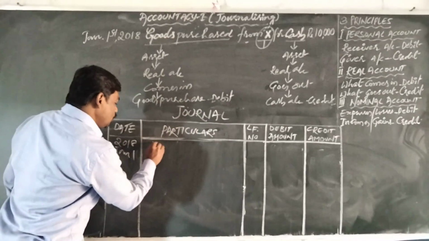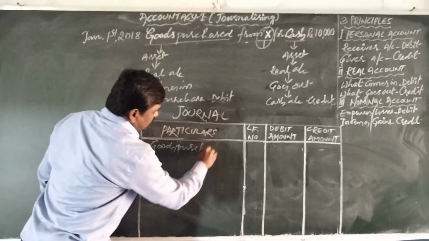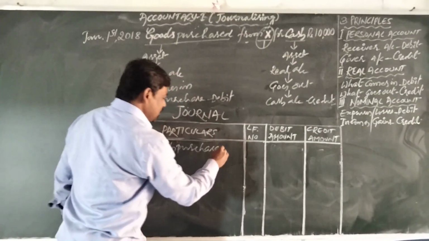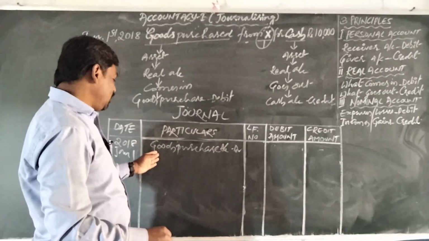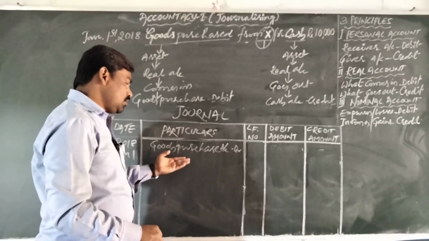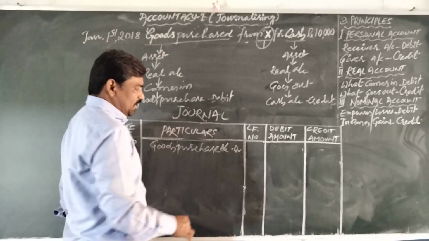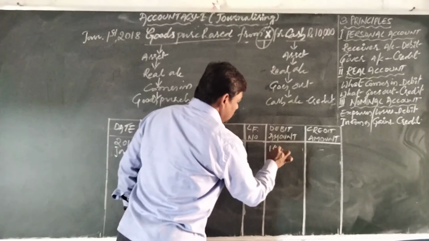So you can write goods purchase account or purchase account. Both are accepted. Students, for understanding, I am writing here goods purchase account debit, or you can write purchases account. Both are accepted.